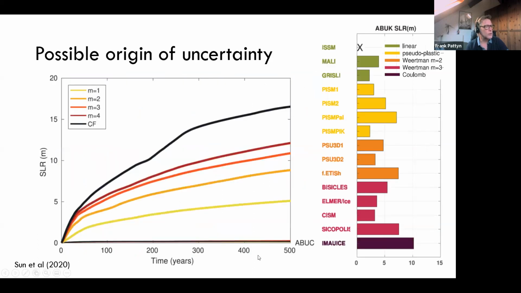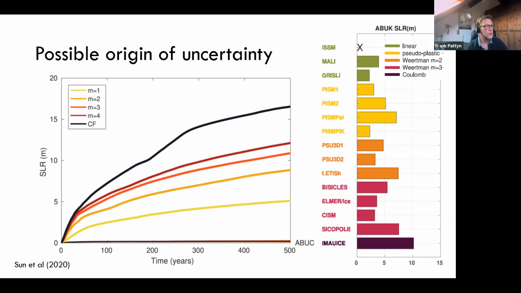One thing that we tried to understand was what the factors were that were influencing this large spread. One of the factors, it's not the sole factor, is the sliding or friction law. So the more plastic your sliding, the faster your ice loss. And this was already seen in MISMIP Plus, and that was already shown in other models.